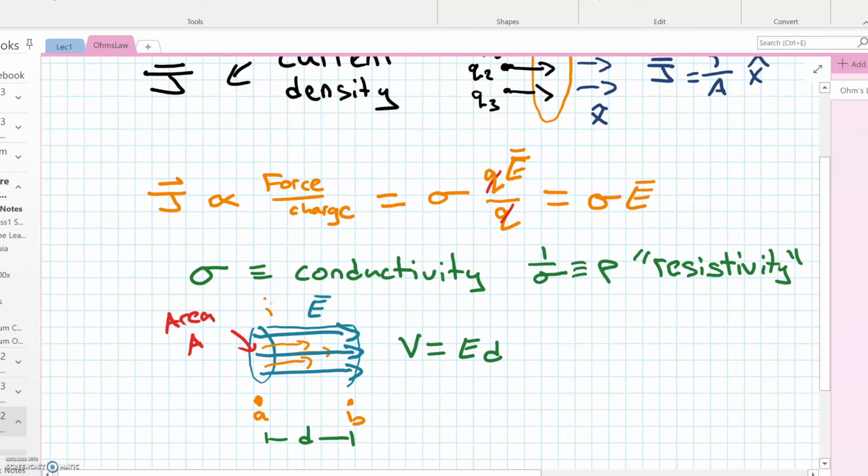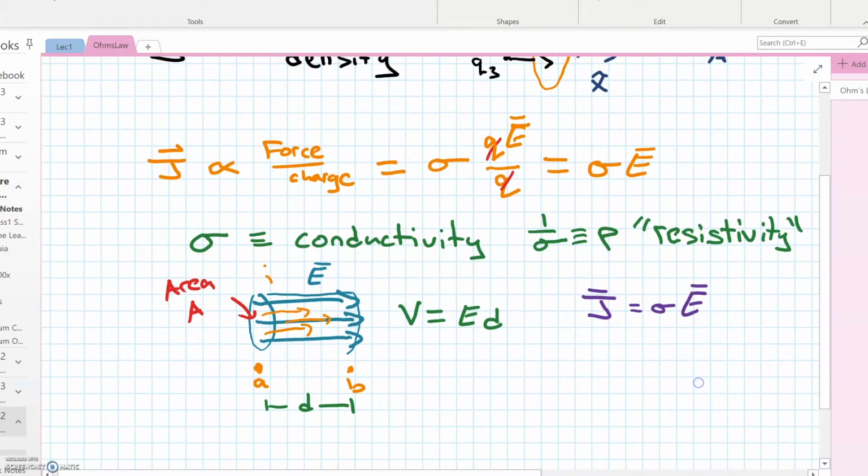So rewriting our above equation in terms of known quantities, we have this. Everything's going to be moving in one direction, so I might as well drop the vector signs. And we'll have J, which is our current, divided by area, is equal to 1 over rho, that's our conductivity, times E. Now E is then V over D.